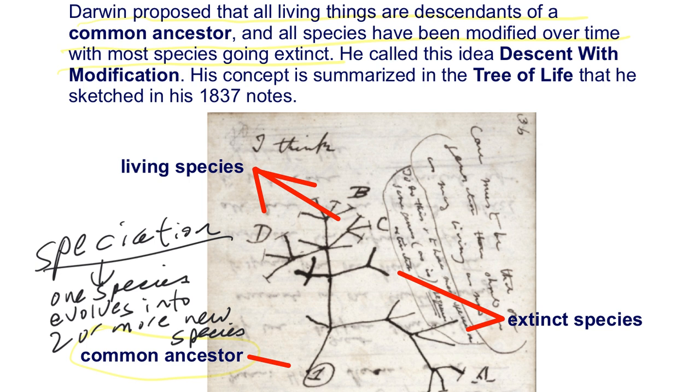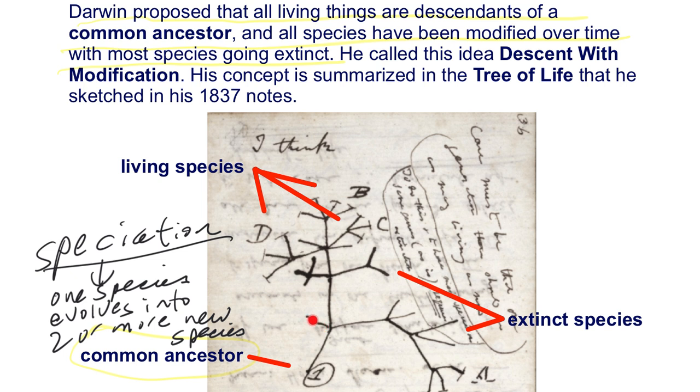So here's some notes from Darwin. And right here, this guy right here is a species that evolved into two species here.